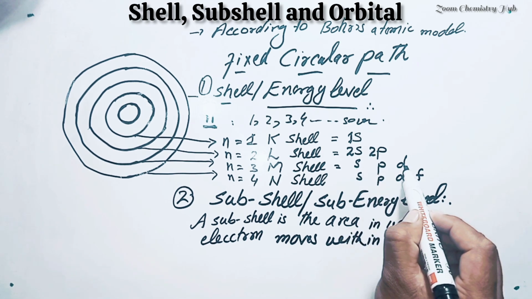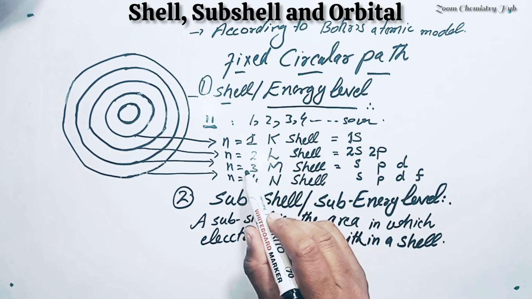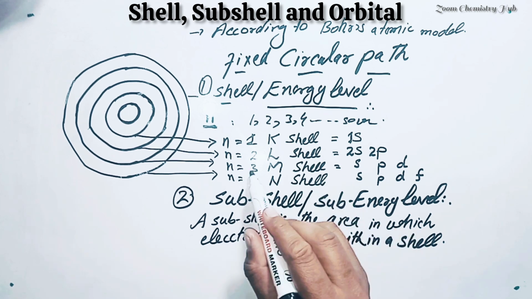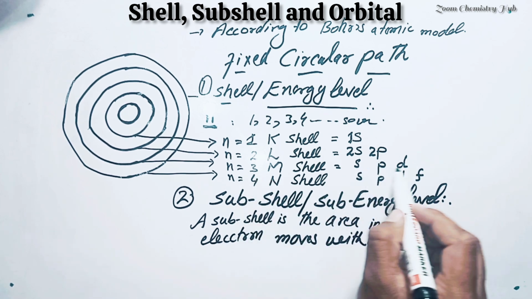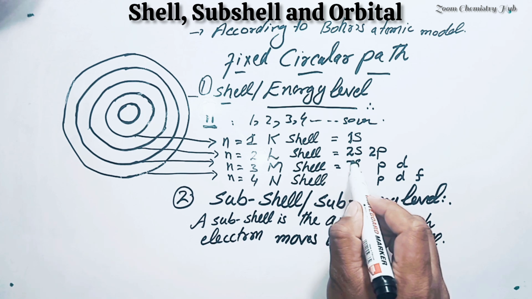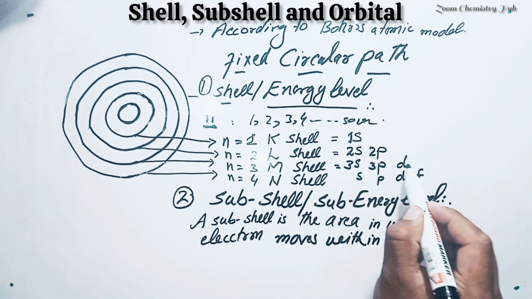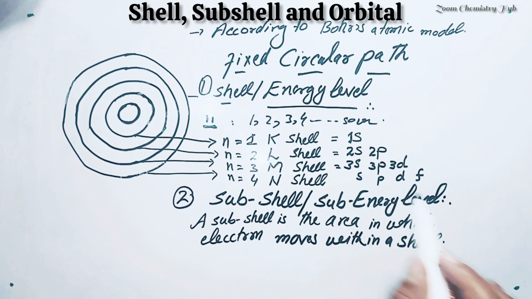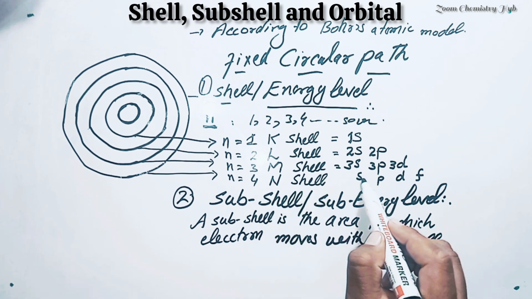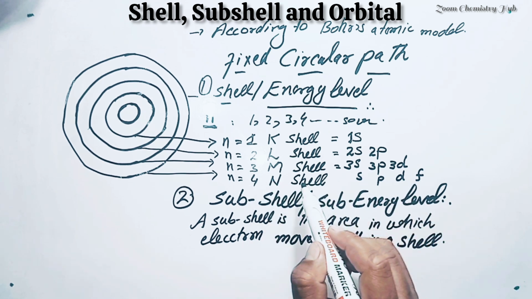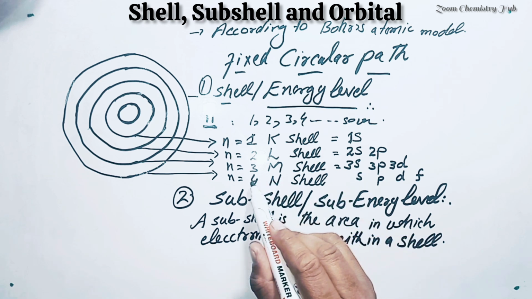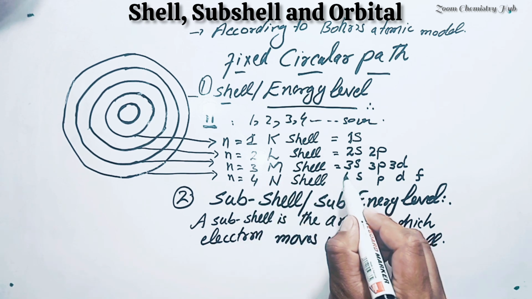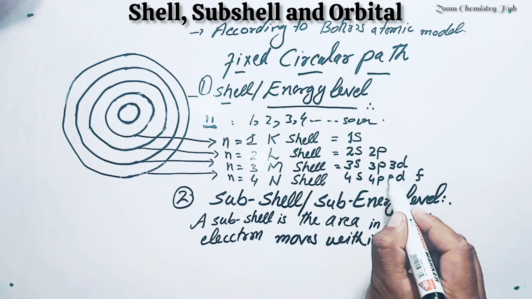These subshells belong to n equal to 3, so we write 3 with all. Similarly, these subshells are the subshells of n equal to 4, so we write 4 with all.